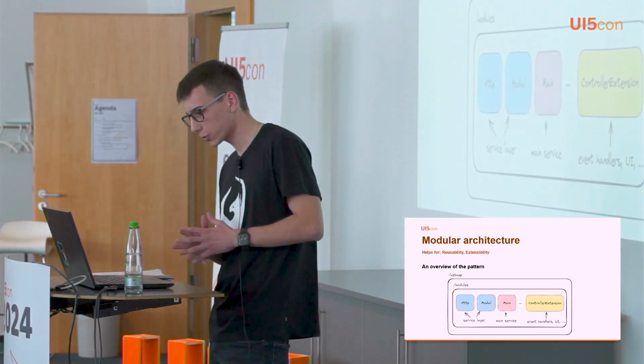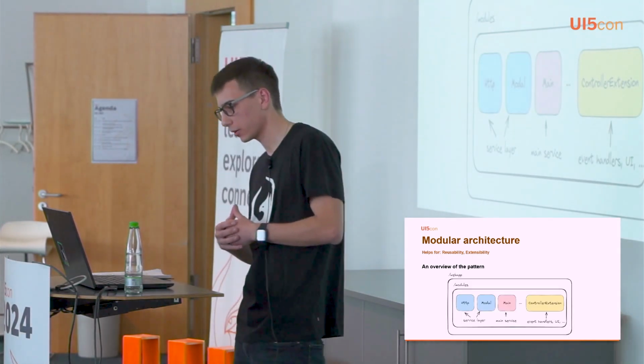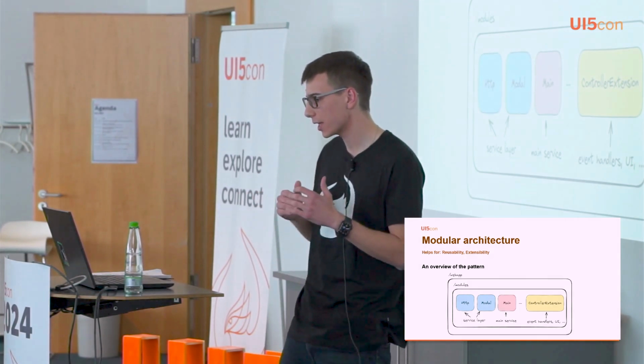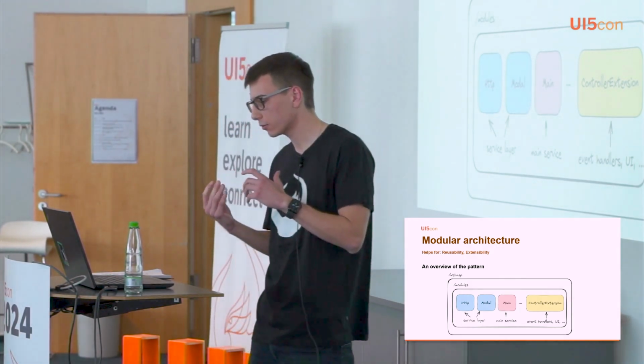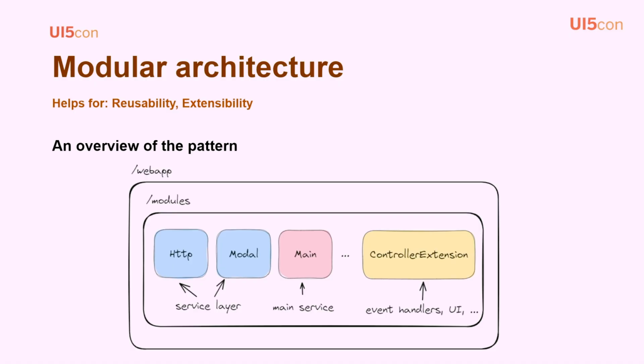An archetype of module might look like the following. We have multiple service layer classes, and if the module interacts with the UI, then we also add a controller extension. The service layer classes have various non-overlapping responsibilities, and yeah, if we want to interact with the UI, add event handlers, we can put this stuff inside one controller extension.